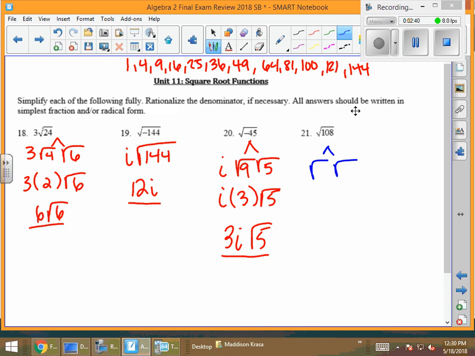I'm thinking maybe 36 and 3. And you can do these in your calculator. You can just try it out and see which ones work. This section you are allowed to have a calculator on. 36 and 3 do work. You do 36 times 3, and then the square root of 36 is 6. So your final answer there would be 6 square root of 3.